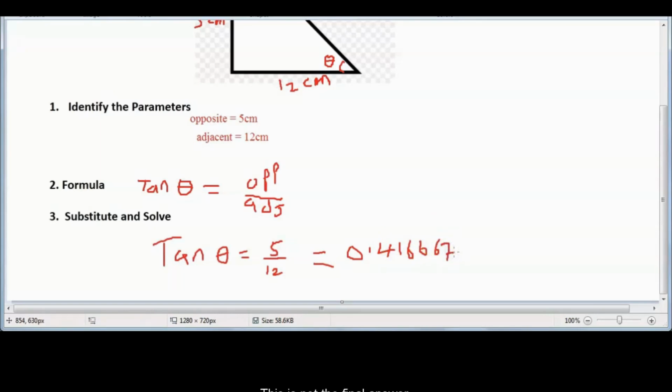This is not the final answer. 0.416667 is tan theta and not theta. To get theta, take the tan inverse of this value.